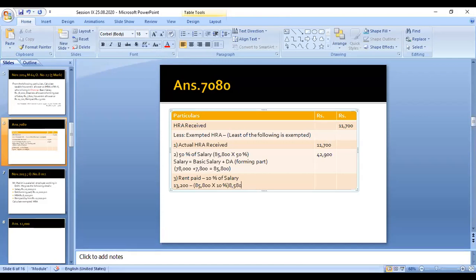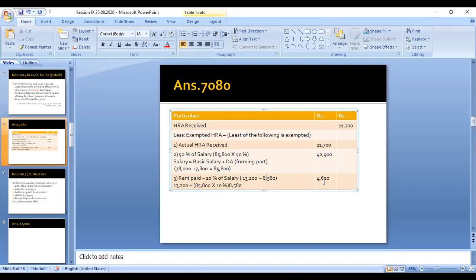It should be deducted from 13,200. How do you get this answer? 13,200 minus 8,580. Subtract from this amount.